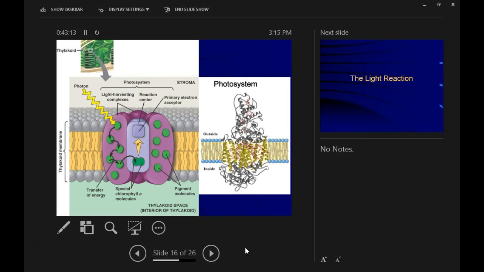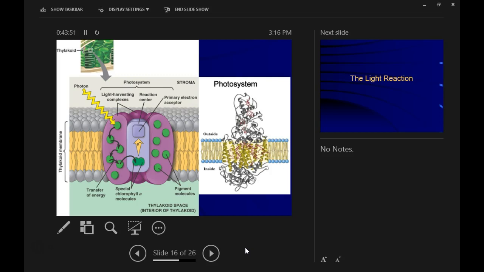So, here's the same little picture. This is our thylakoid membrane. So here's the phospholipid bilayer. Here's our little photosystem. And inside the photosystem, we have about 300 of these chlorophyll molecules. The light comes in, boosts the energy level of the electrons that gets passed from one to another until we get to the reaction center.